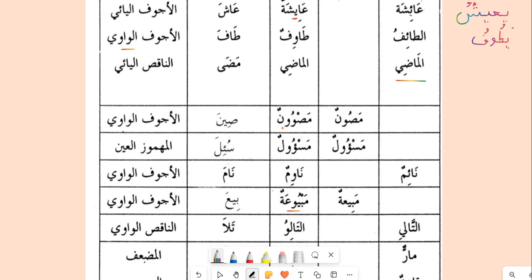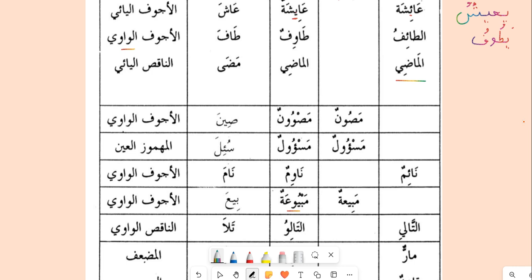Then masunun comes from sana. This is the eighth sentence. I'm sorry if I'm not following the sentence number, so you can follow in your book. Number 8 is la takhaf fa inna sirraka masunun. So our word is masunun.